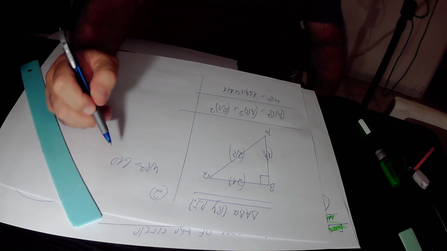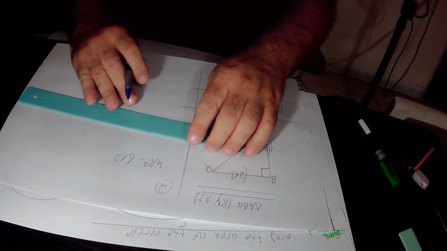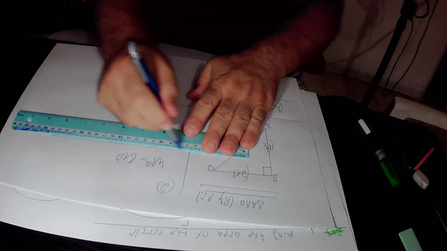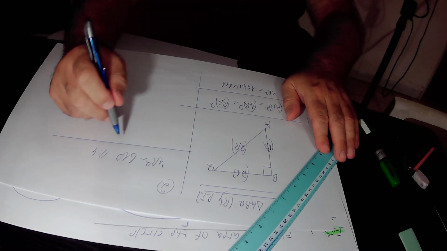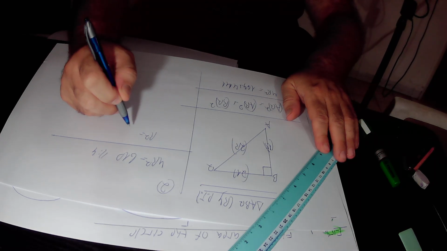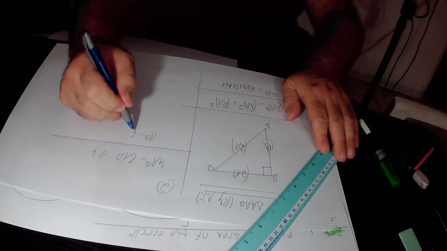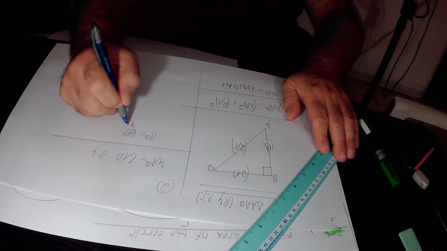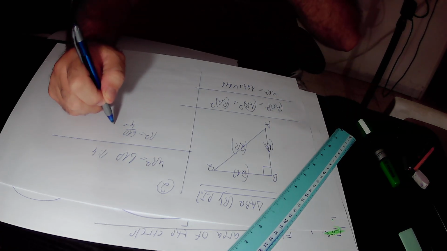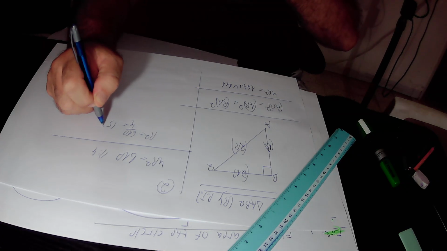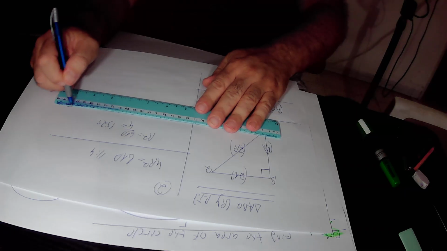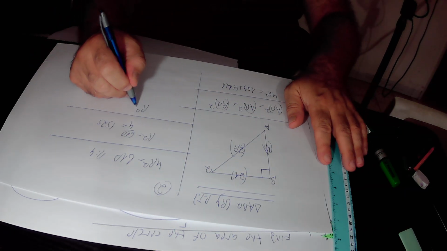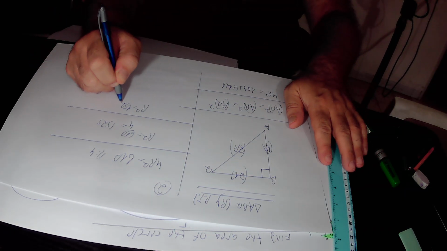So in total we found out that 4R squared equals 610. Here we will divide this equation by 4, and we get that R squared equals 610 over 4. 610 over 4 is 152.5. So we found out that R squared equals 152.5.